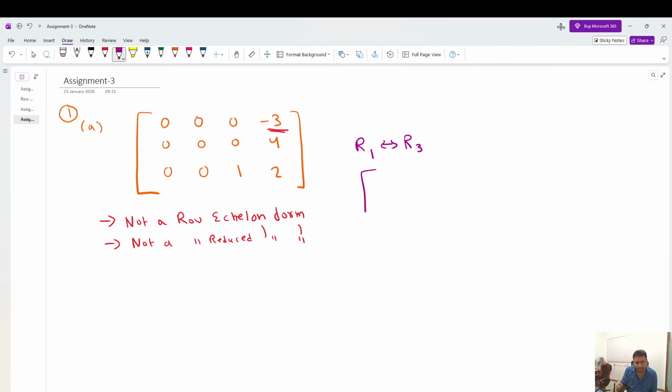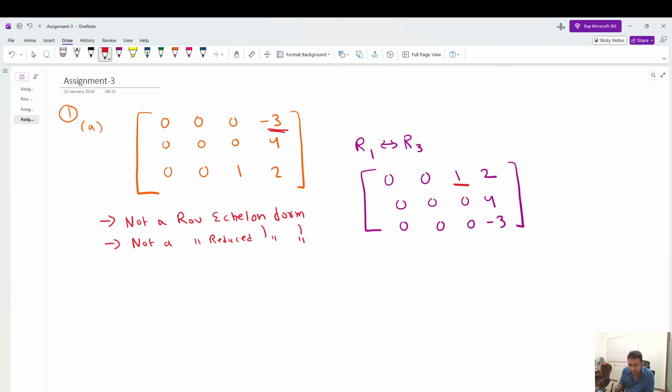If you do that, what you will get is 0, 0, 1, 2; 0, 0, 0, 4; 0, 0, 0, minus 3. Now, what is the first non-zero entry of the first row? This. Everything below should be 0 if you want to make it row echelon form, right?